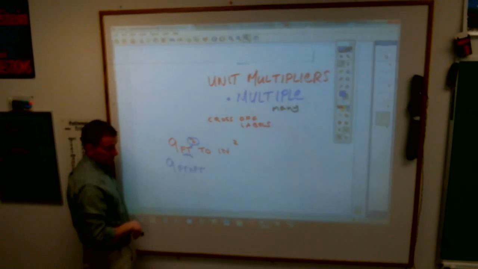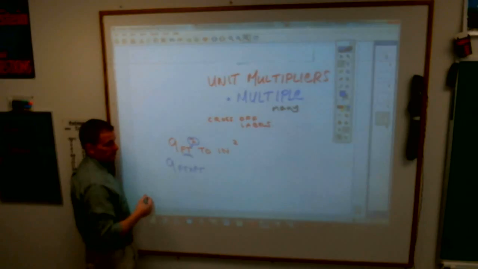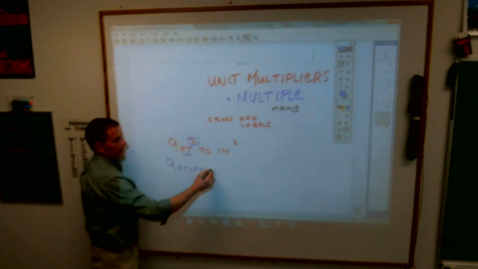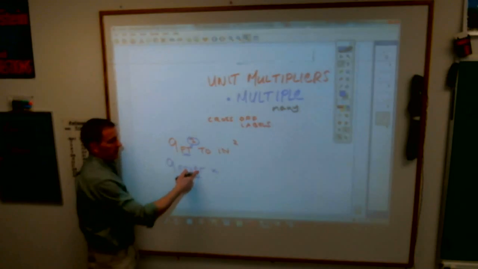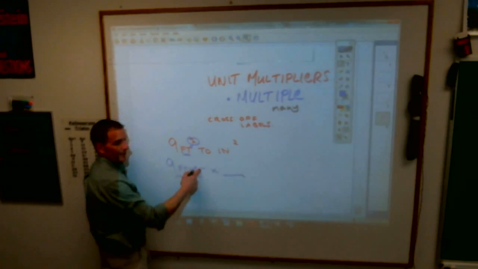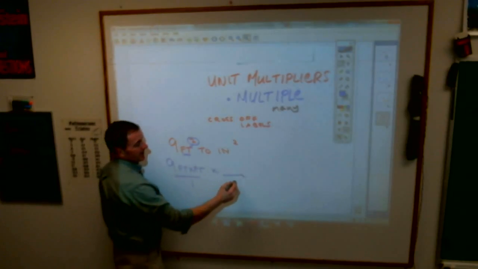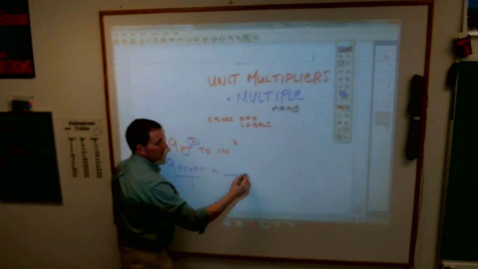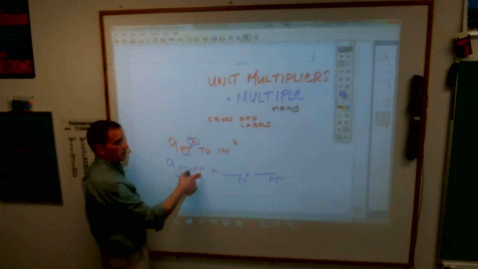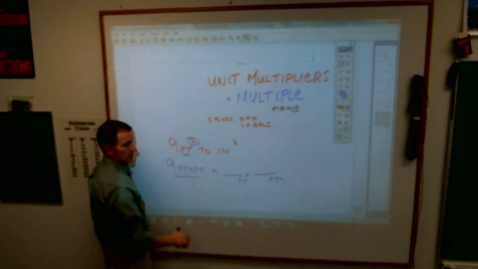Now, here's the gist. When you come to unit multipliers, and I have my unit multiplier that I use to cross off feet to inches, if I have 2 labels of feet up there, I am going to need 2 identical unit multipliers to cross off both of those.